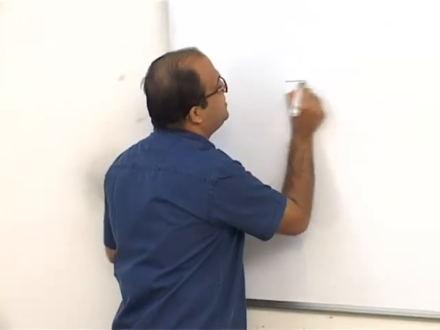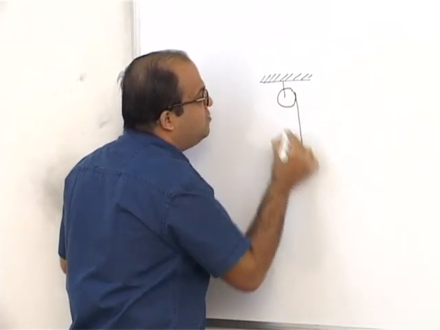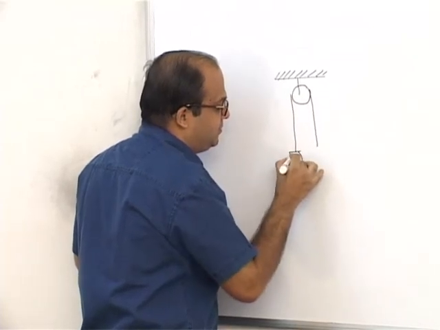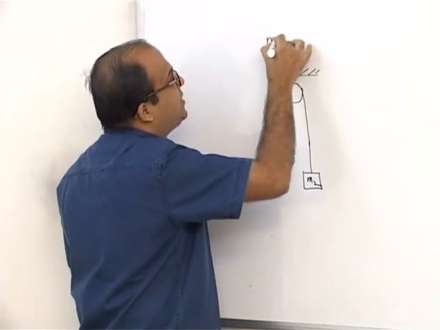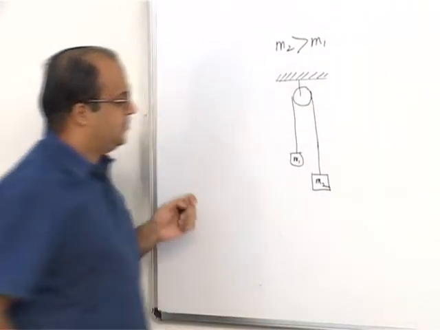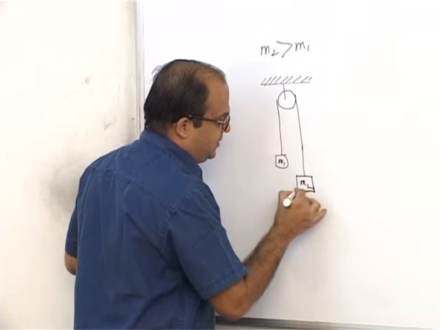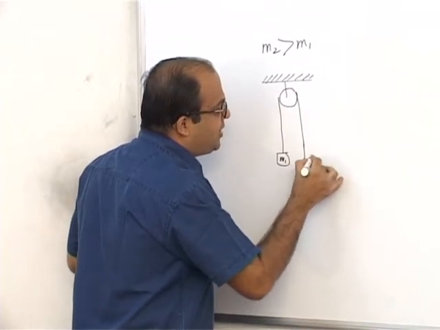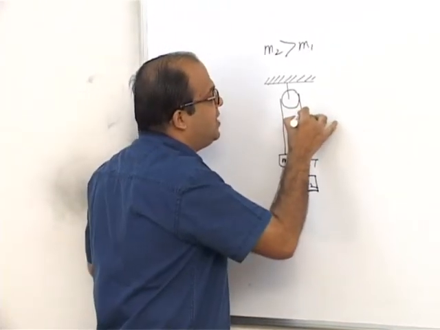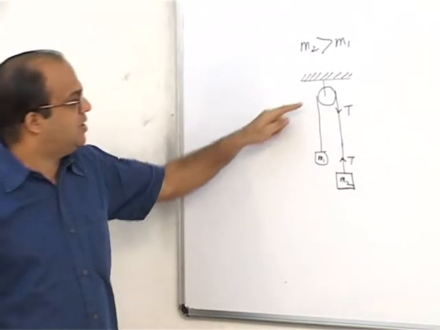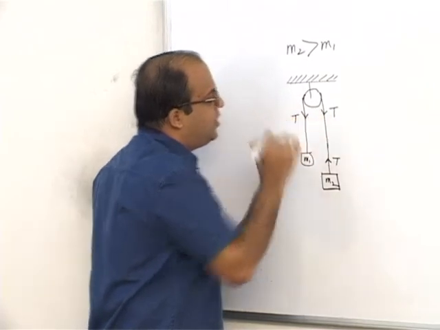Suppose we have a simple system like this, where we have a pulley and two masses are hanging. Let M2 be greater than M1. It doesn't make any difference to our discussion. So on this object, tension will act in the upward direction, away from this body. On this pulley, tension will act in the downward direction. On this pulley, on this side also, tension will act in the downward direction.